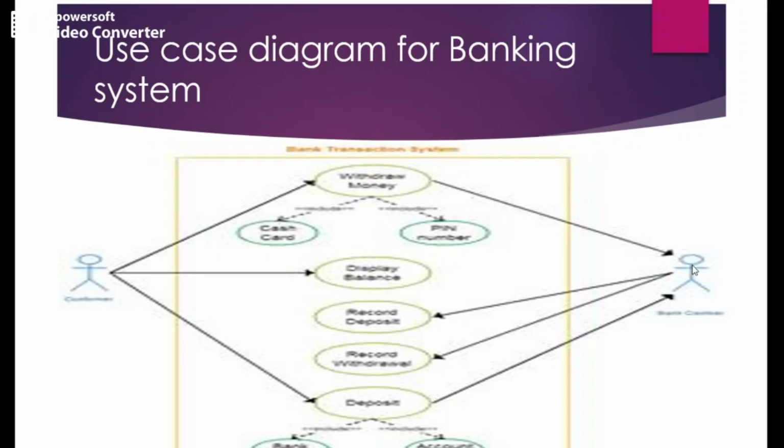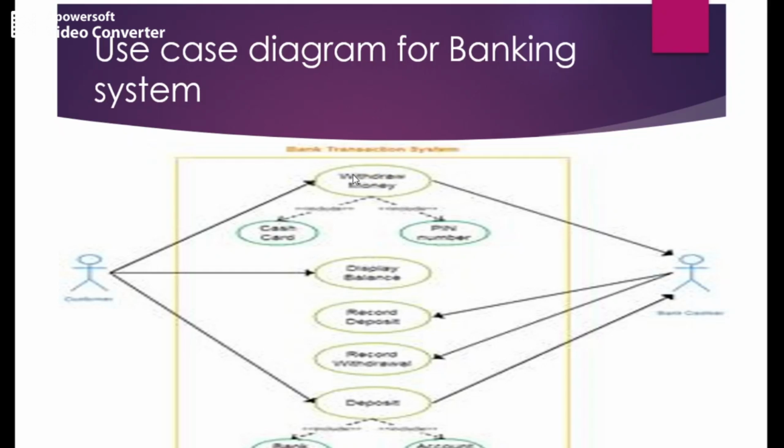Now can you see here bank transactions, you can withdraw the money. So this is cashier. One actor is customer and another actor is cashier. There are two actors here, and this entire thing in the box is your bank transaction system. In ATM we are considering, okay.